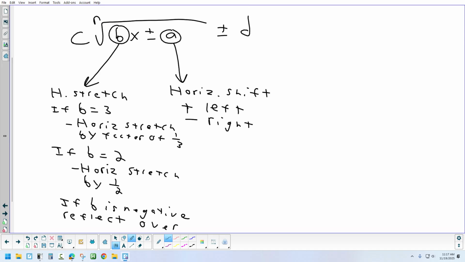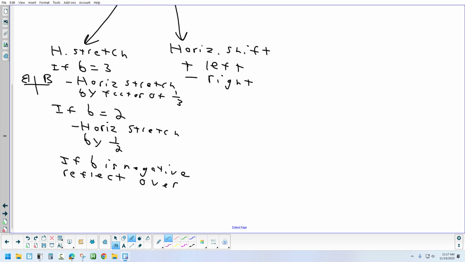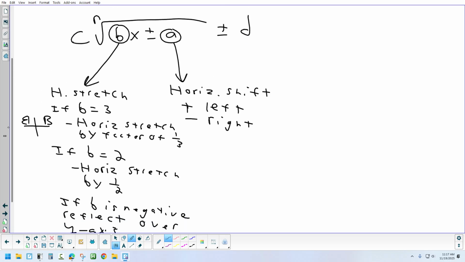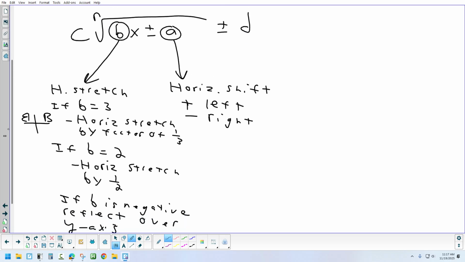Think about it. B is horizontal, so it would be a horizontal reflection. It's flipping left to right. So that would reflect over the y-axis. Okay, so that's A and B.